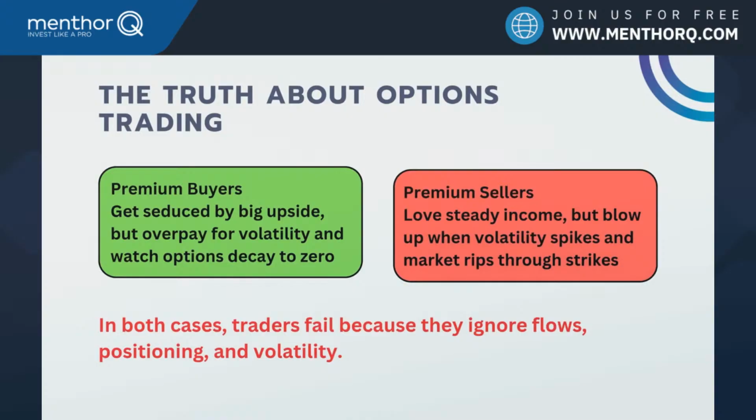If you are a seller of premium, and you love the fact that you are getting income, you could blow up very fast if you don't look at volatility spikes and if the market goes through your strikes. So in both cases, the trader fails because they ignore flow, positioning, and volatility.